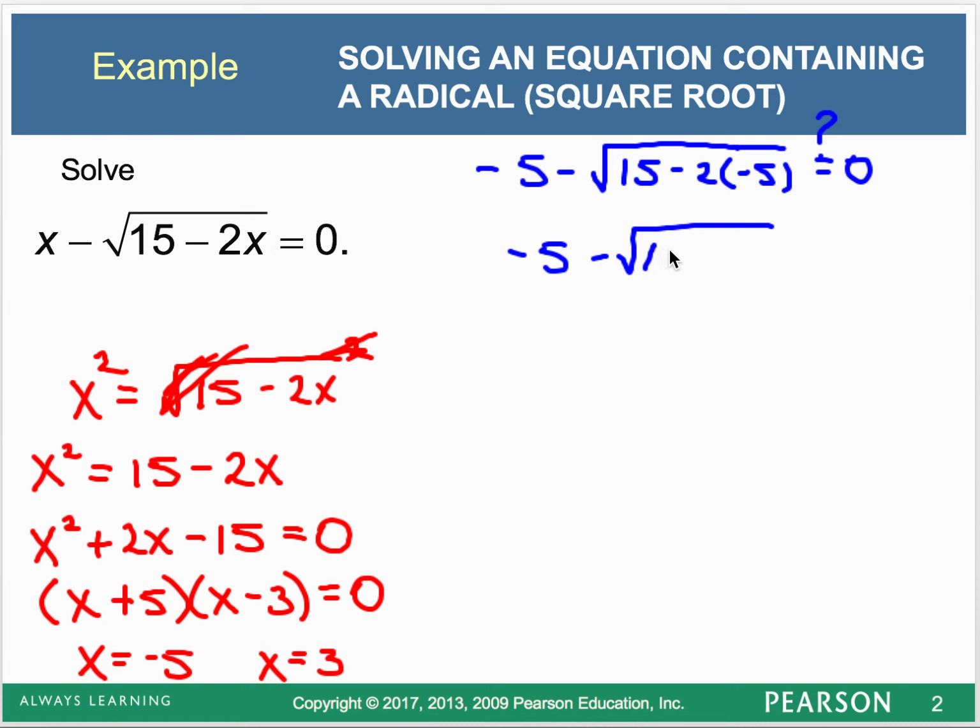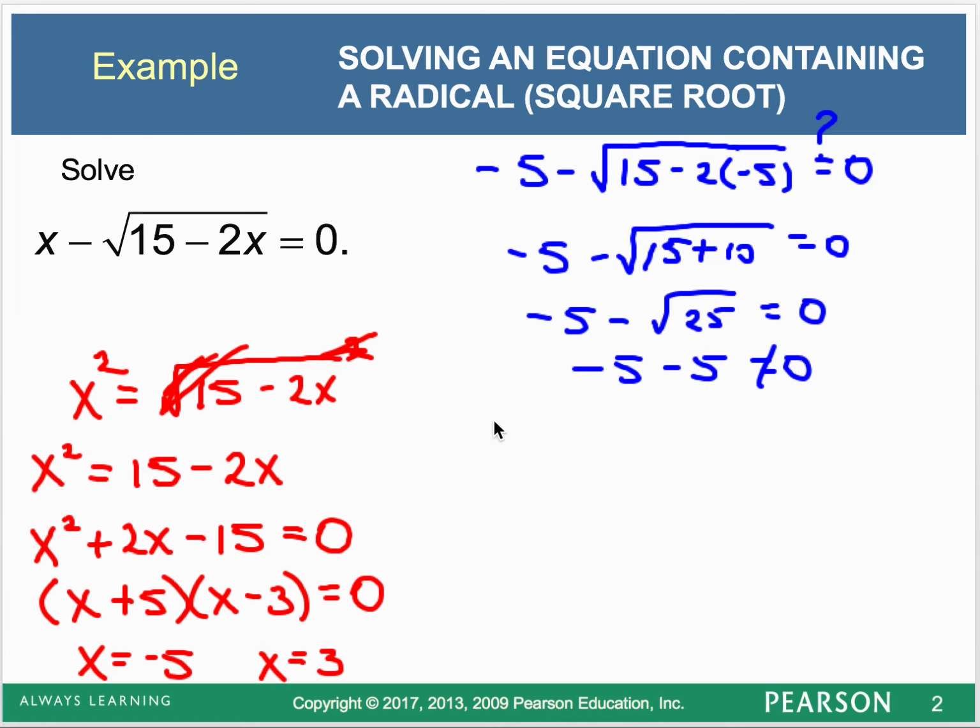So 15 plus 10 equals 0. -5 minus the square root of 25. Does that equal 0? -5 minus 5 is not 0. Don't forget to mark that out. Or on My Lives Plus, you just don't have to include it. But on a paper, you would have to go back and mark that out.